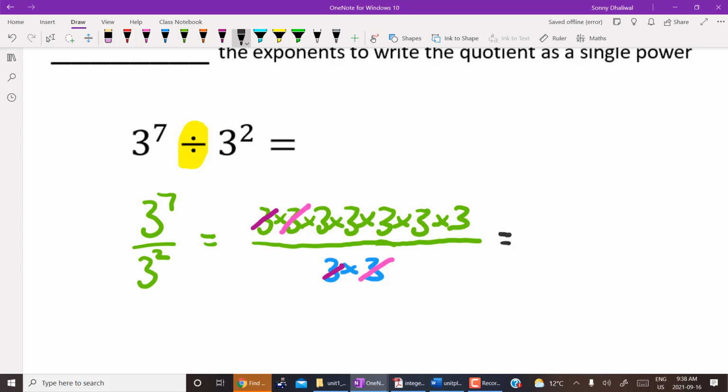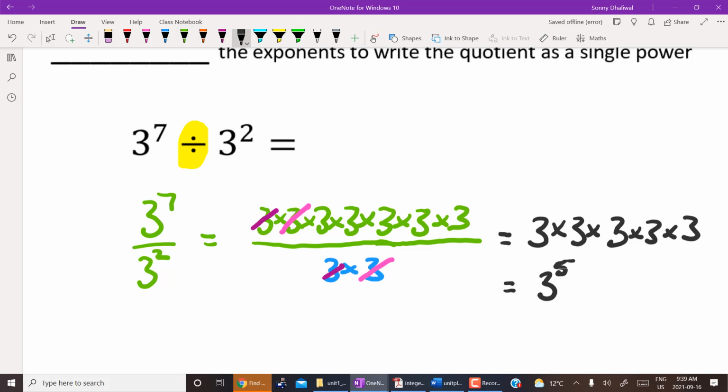So now you go, okay, all the bottom's gone. The top's 2 are gone. We're left with just 5 3s on the top. So this is what we're left with. So if you wanted to write that as a power, the base is 3, the exponent is 5.